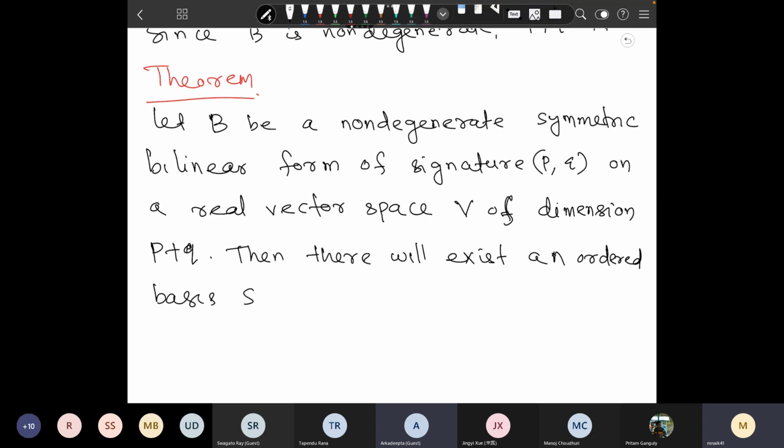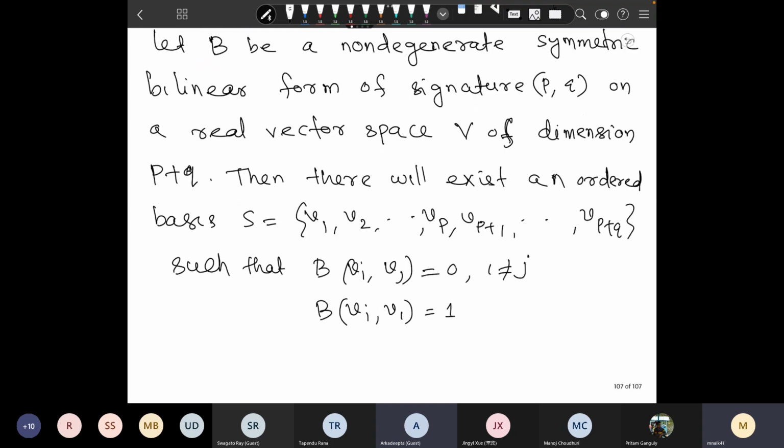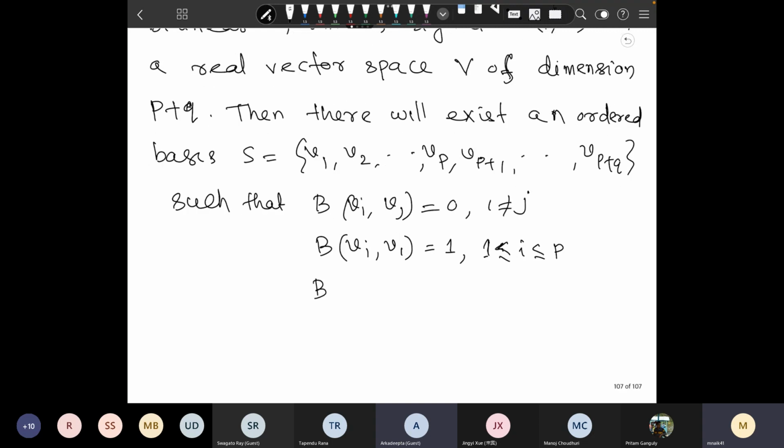S equal to v1, v2, ..., vP, vP+1, ..., vP+Q, such that B(vi, vj) is equal to 0 if i is not equal to j, and B(vi, vi) is equal to 1 if 1 ≤ i ≤ P, and B(vi, vi) is equal to -1 if P+1 ≤ i ≤ P+Q.